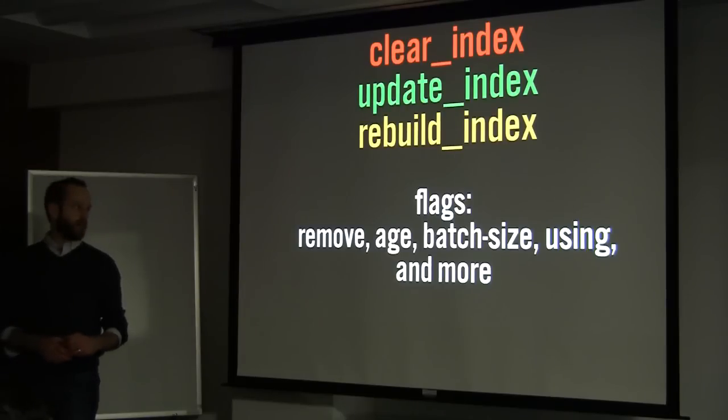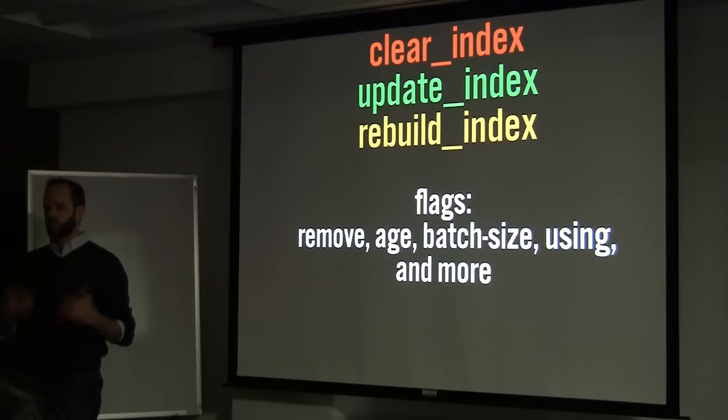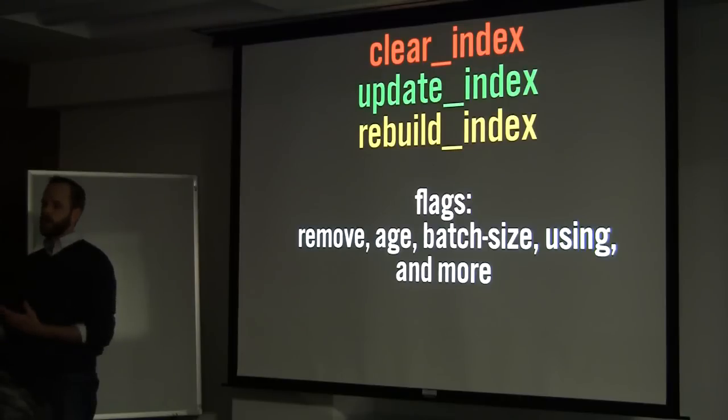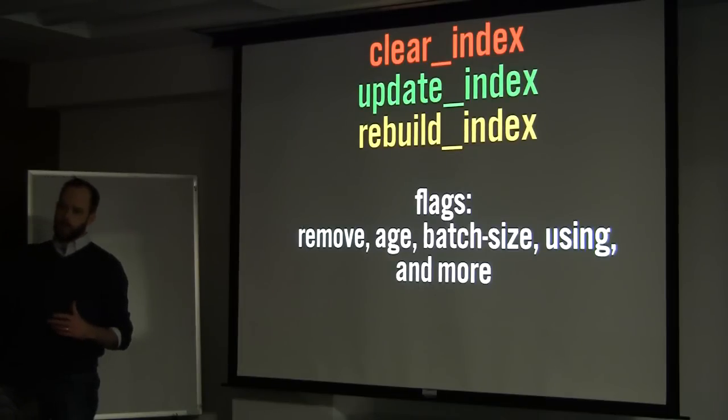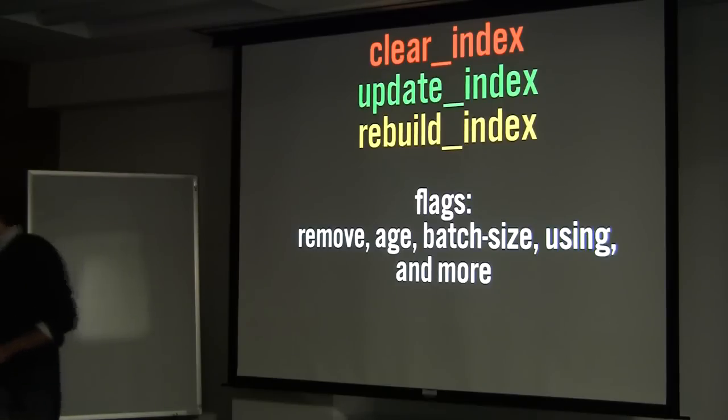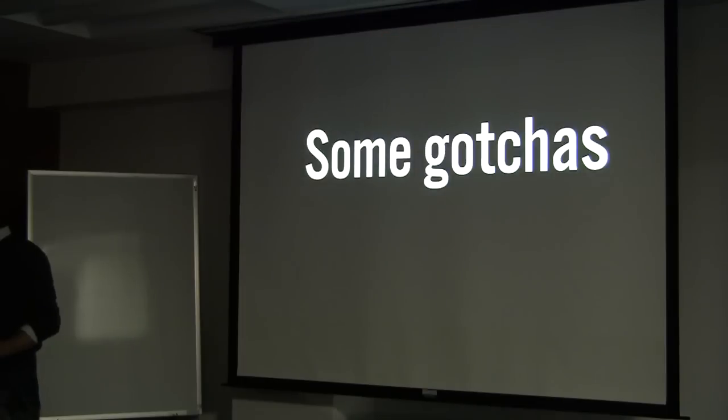You can do this based on the age, which you configure in the search index. You can remove stuff that's not supposed to be there. So if you run an update command and say you want to update based on this model, Haystack generates a query set of every object that should be added based on that model, and then checks for missing items in the search engine and deletes those. So it's a fairly handy way of keeping it clean.